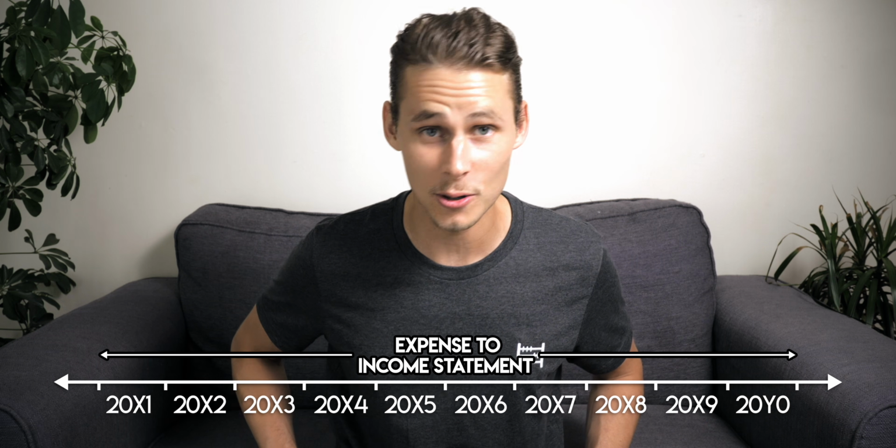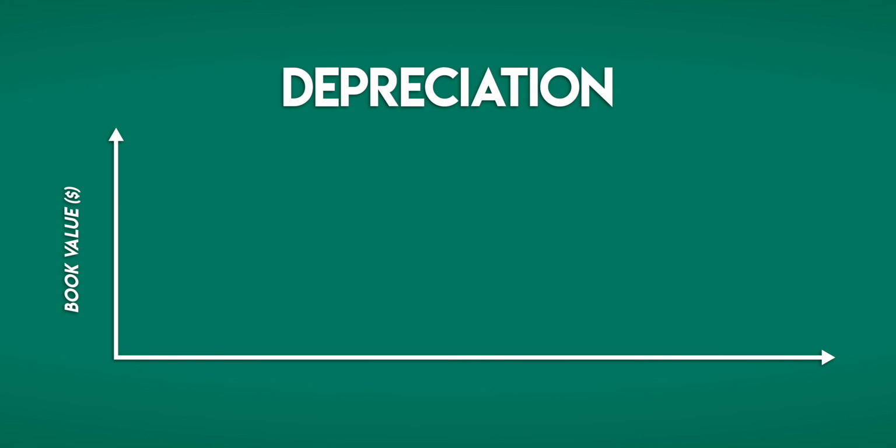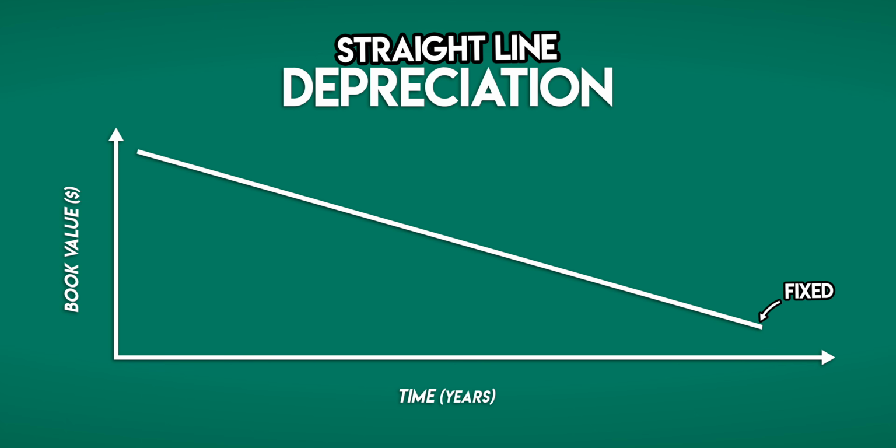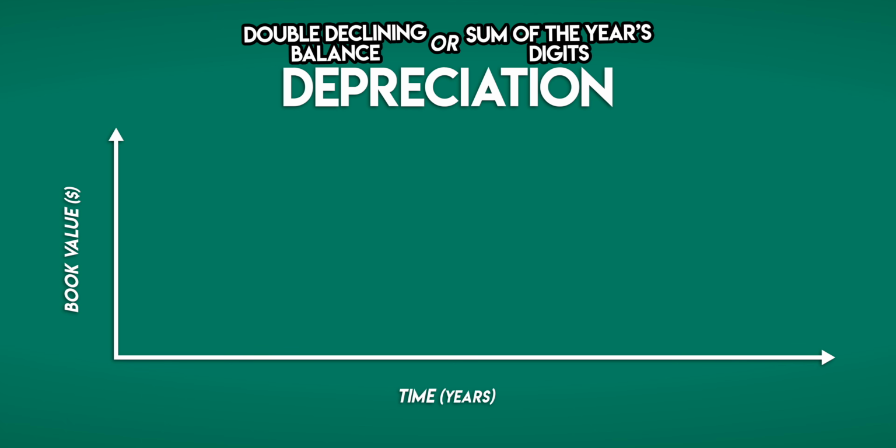Now, there are a few ways to do this. This graph shows the book value of your oven over time. The simplest depreciation method of all is called straight line depreciation. This is a fixed cost method where the depreciation expense is spread out evenly over your oven's useful life. But we also have the double declining balance and sum of the year's digits methods.